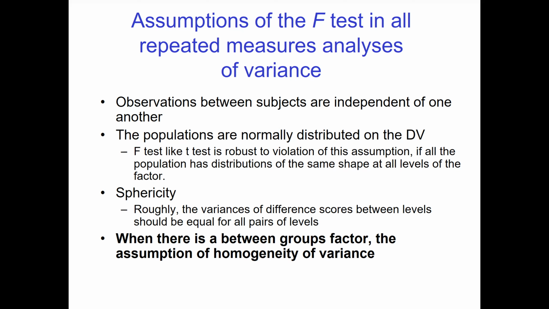And if you have a between groups factor, which we'll see in the mixed model, then there's an assumption of homogeneity of variance. So if you have one group that's measured over repeated times and another group that's also measured over repeated times, but those groups are independent, you're comparing the differences in their means over times, then that's a homogeneity of variance issue.